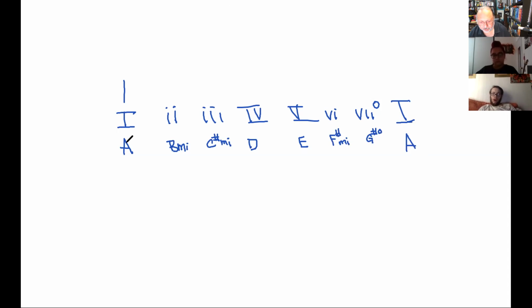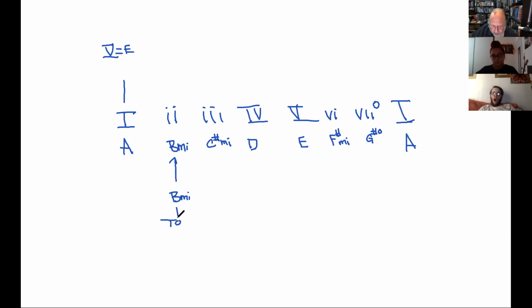So the 5 of A is going to be E, right? So 5 of A equals E, right? Now, if we're using B minor, B minor is now the tonic, right?